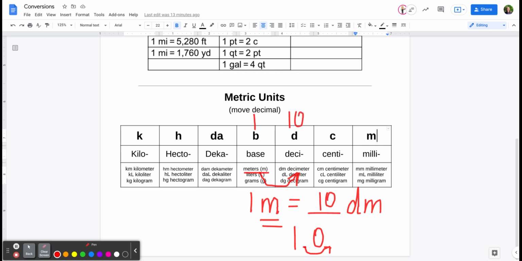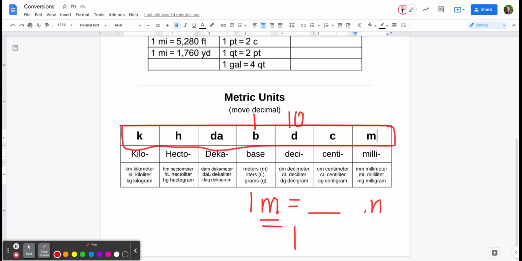What about if I go from 1 meter to centimeters? So if I'm starting with 1 meter, everyone should have your conversion chart out on your table in front of you. If you don't have that, you can write your King Henry doesn't bake donuts Christmas morning on your page, because you should be practicing what we're doing in this video.